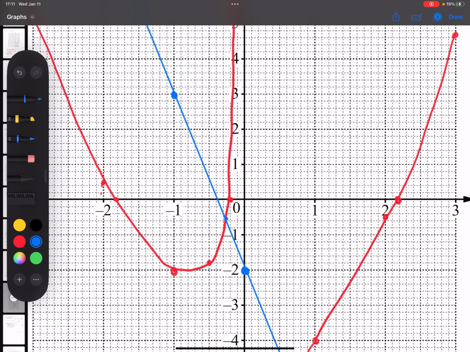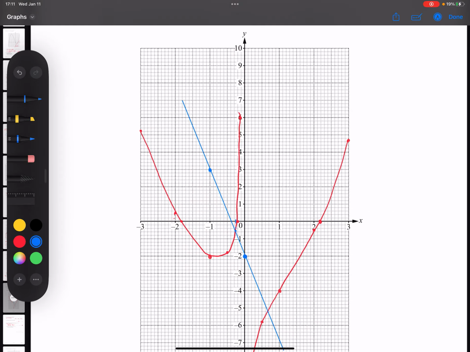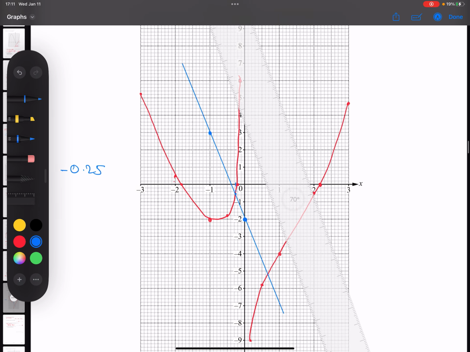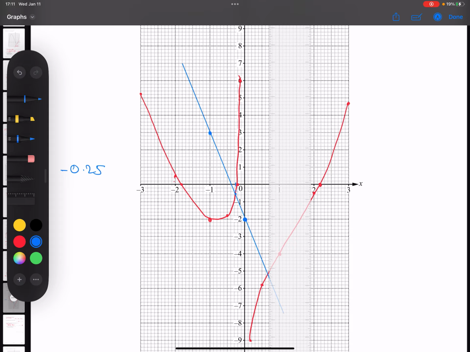So again, my point of intersection, the first one is here. I track the answer. That's going to give me approximately, again taking the answer from the x-axis, the first answer is negative 0.25. Let me write it here so that I don't forget. The second answer is from the second point of intersection. Back to my ruler. The second point of intersection is here.